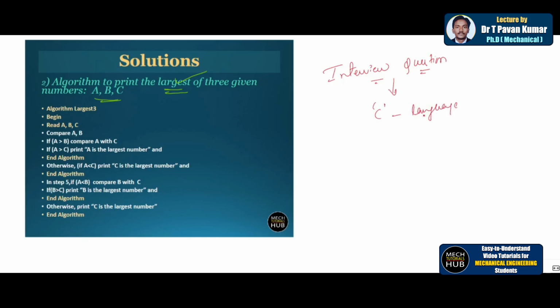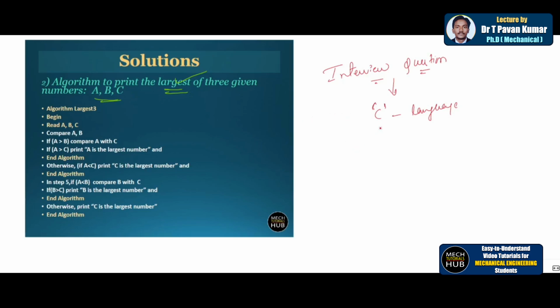Maybe you went as a C programmer or developer, but they may still ask you about an algorithm or a pseudocode. They may give you a task like this: can you write an algorithm, or communicate with a pseudocode? All this they may ask you.